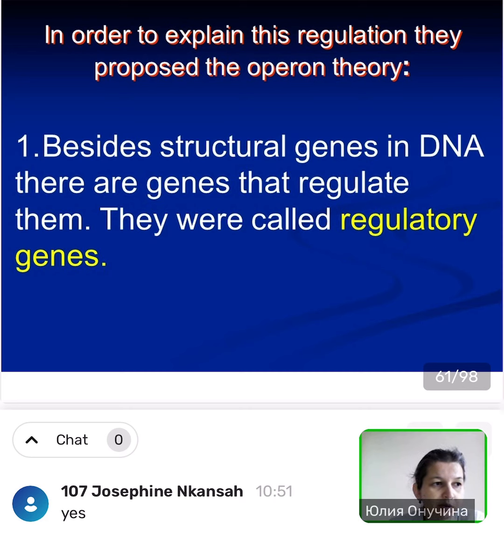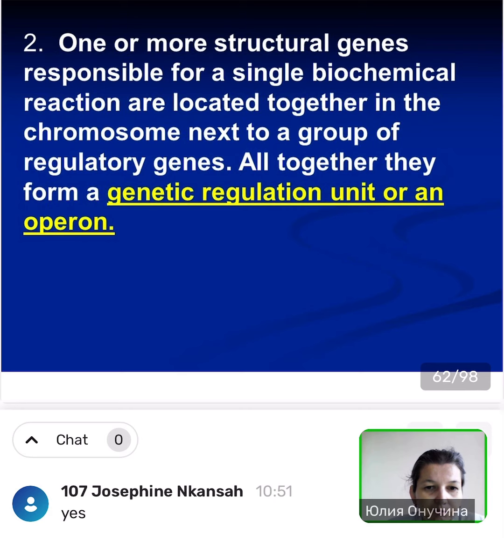And the expression will be only in time that they need for bacteria. These genes may be responsible for expression of several genes. For example, lactose operon will regulate 3 genes, and a group of these genes will form genetic regulation unit, or operon. Is it clear?